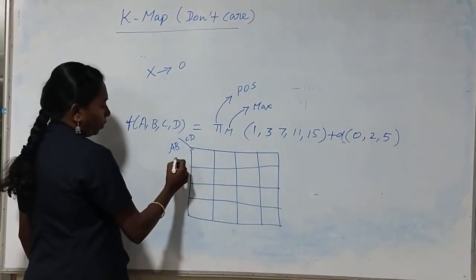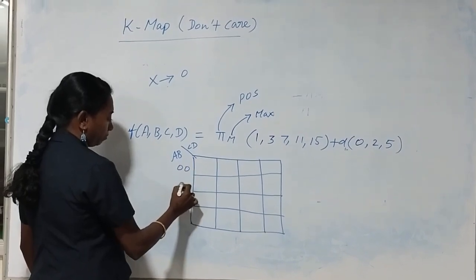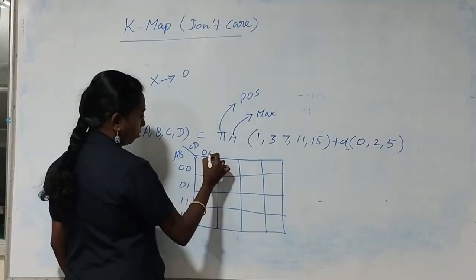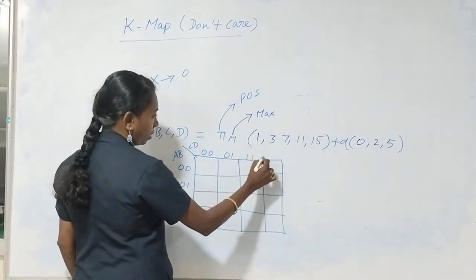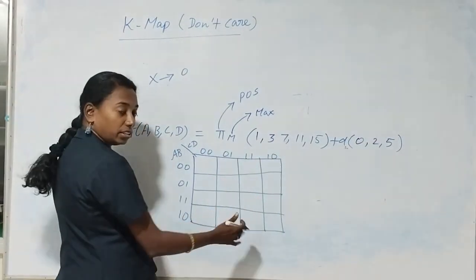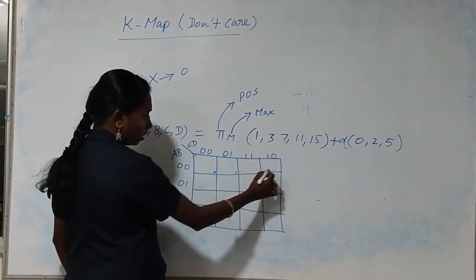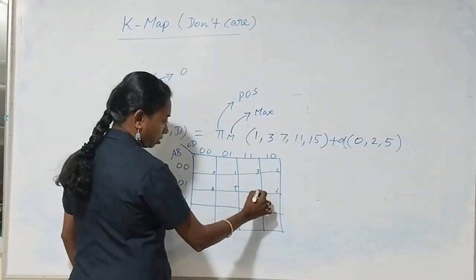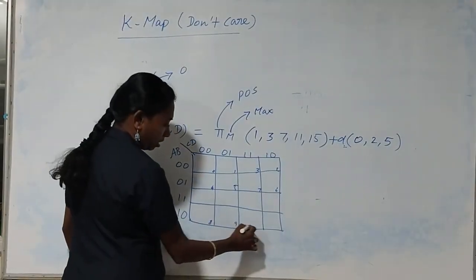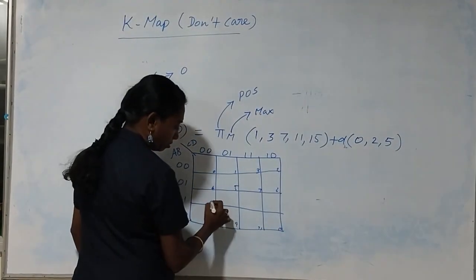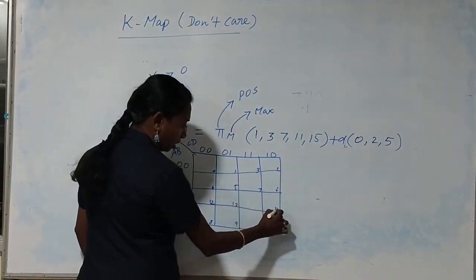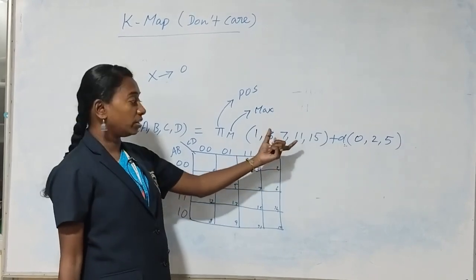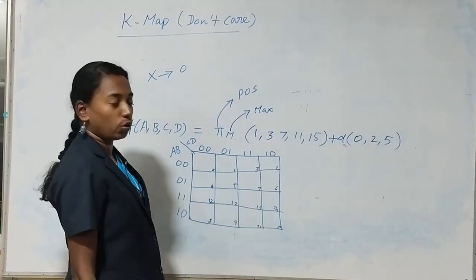So this should have 4 variables. So 0, 0, 1, 1, 1, 0. And again CD have 4 combinations, 0, 1, 1, 1, and 1, 0. I'm writing the min terms for this. Since it is POS, for the given values, I should mark 0 in the K map.